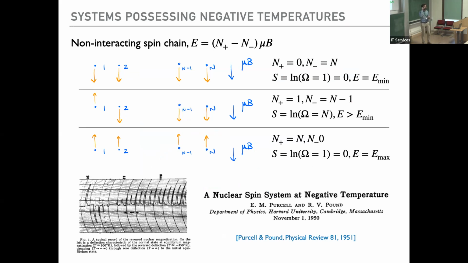So the minimum energy state of the system is where all the spins of our chain tend to align with the external magnetic field. So if we have n spins, all the arrows are pointing downwards. You can measure the energy as the number of spins up minus the number of spins down times the intensity of the magnetic field.